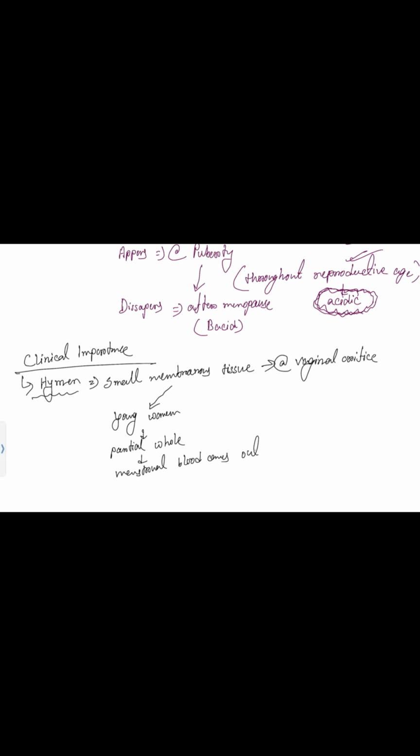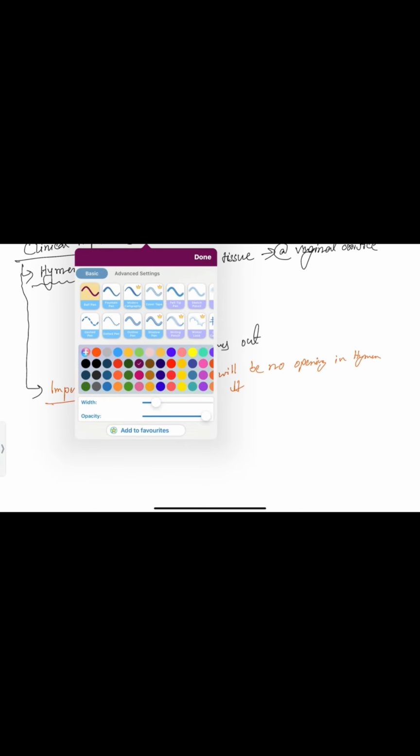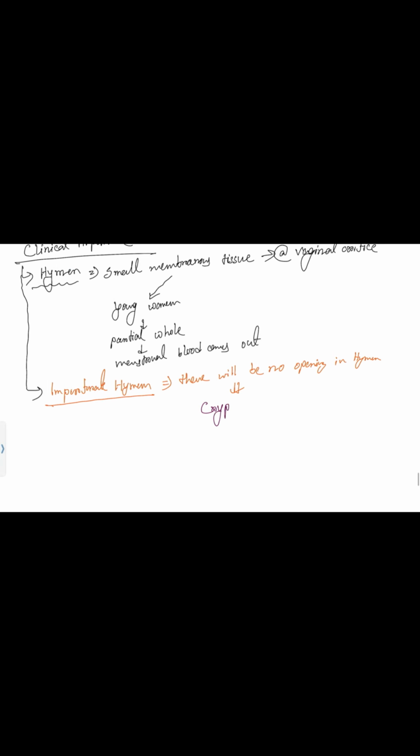Now let's think, in some women this hymen does not have any partial hole through which the blood can come out. What will we say for those cases? It is called imperforate hymen. What is this imperforate hymen? When there is no opening in the hymen or membranous sheath, then we call it imperforate hymen, and we say it as cryptomenorrhea.